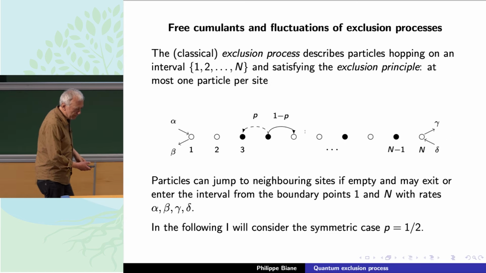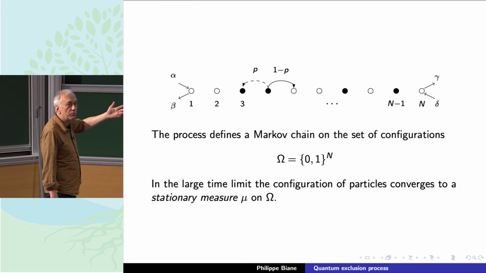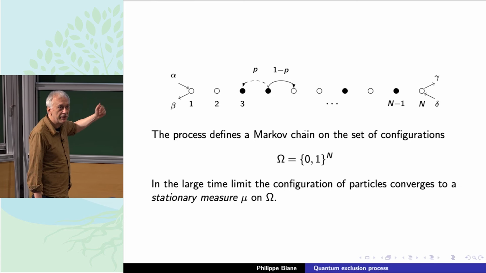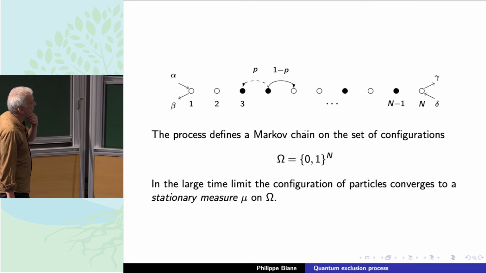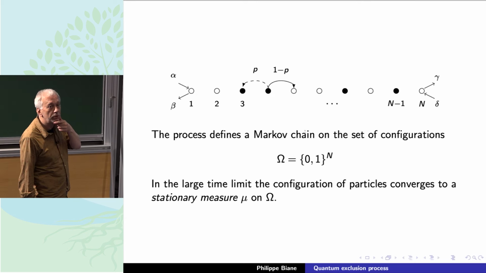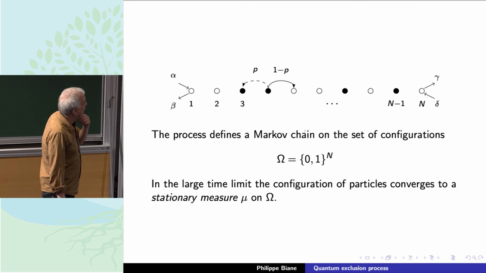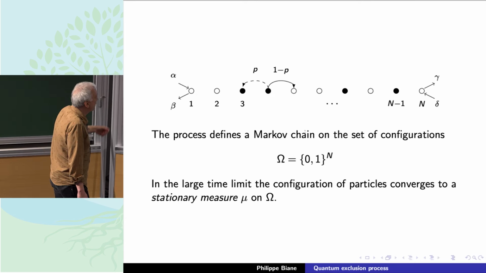What we see is that this process defines a Markov chain on the set of configurations. The configuration just tells you where the occupied sites and the empty sites are. So it's just {0,1}^n, where 0 is an empty site and 1 is an occupied site. In the large time limit, the configuration of particles converges to a stationary measure mu on omega.